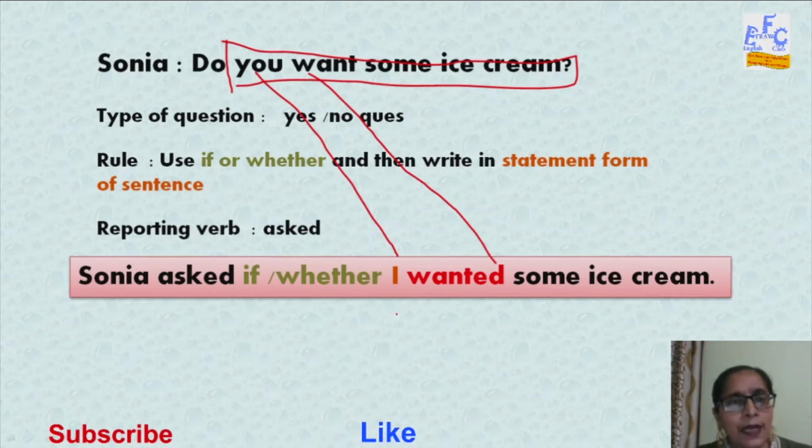So the answer after converting into indirect speech would be: Sonia asked if or whether I wanted some ice cream. Let's explore further.